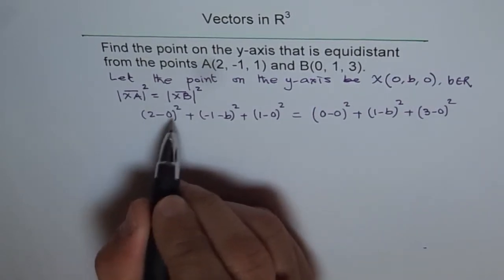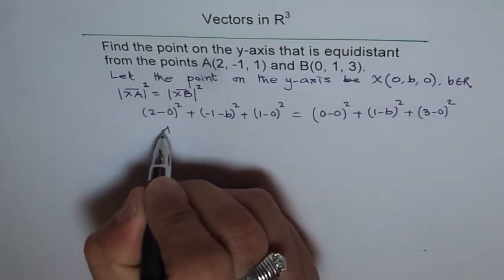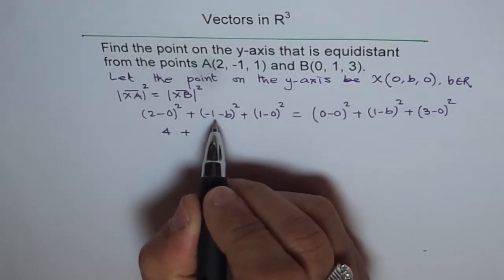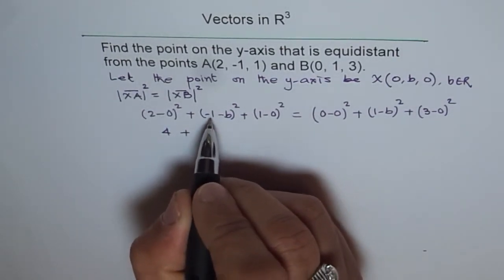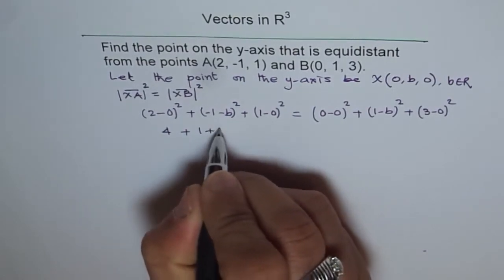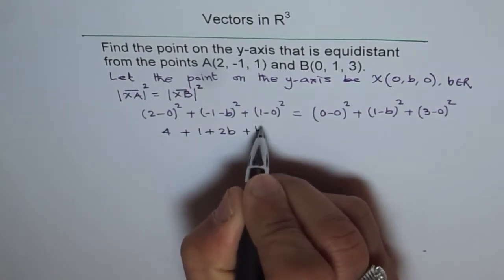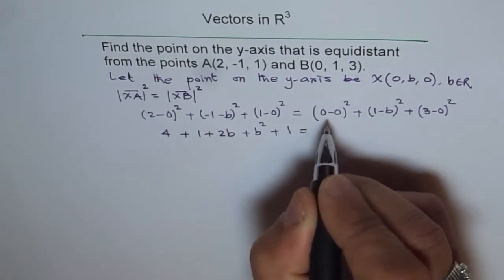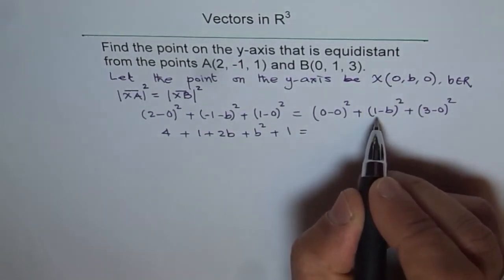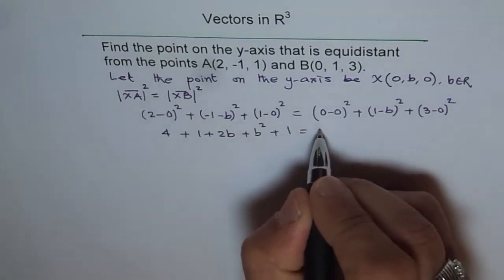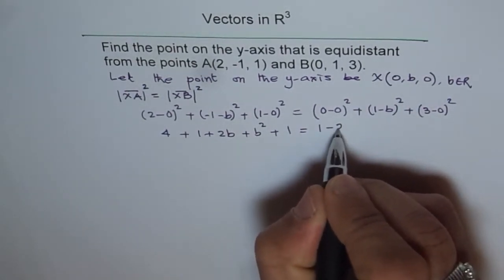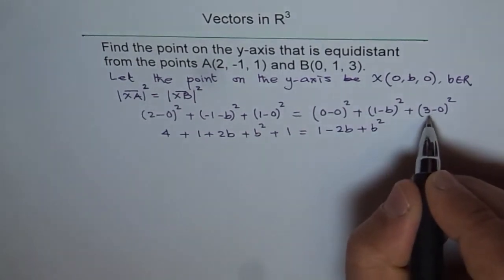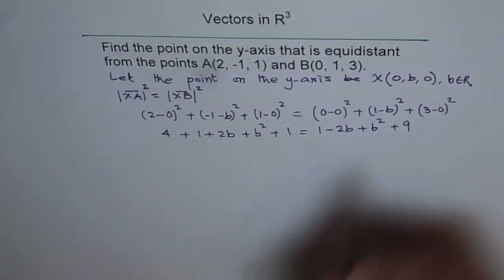So 2 square is 4. This is like (1 plus b) whole square, right? We can take minus common. So 1 plus 2b plus b square, and this is 1. And here we have 0, and then we have (1 minus b) whole square. That means 1 minus 2b plus b square, and this is 3 square, which is 9.